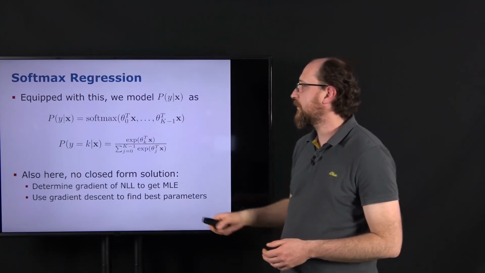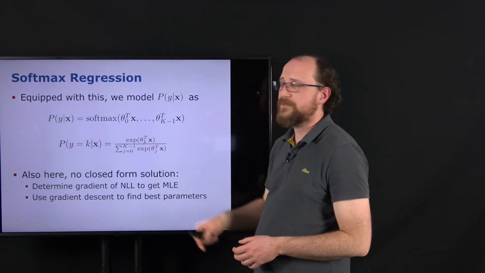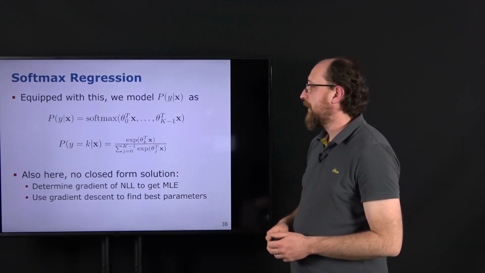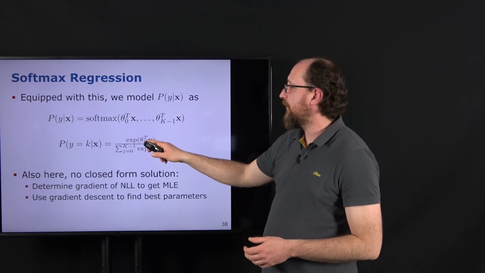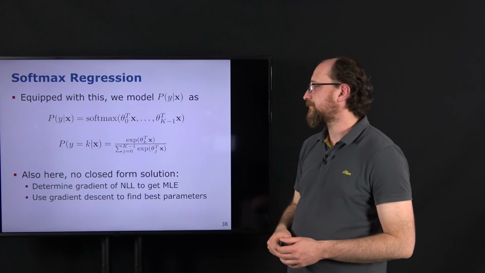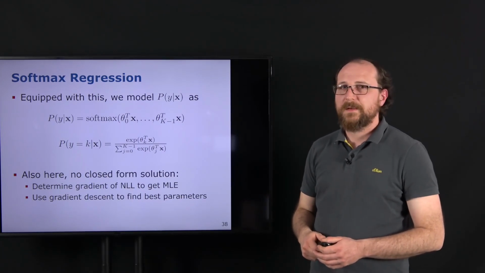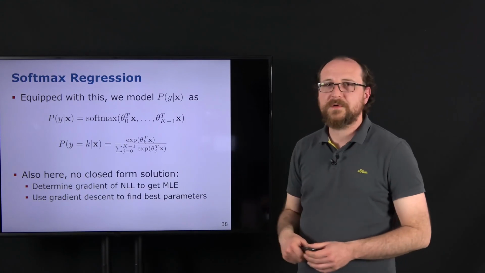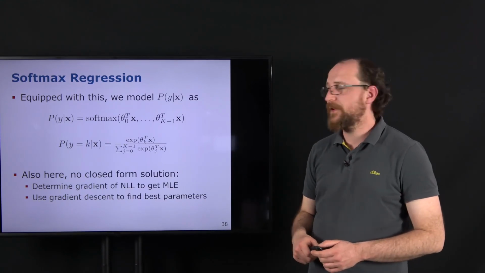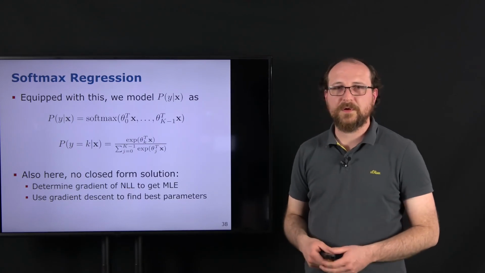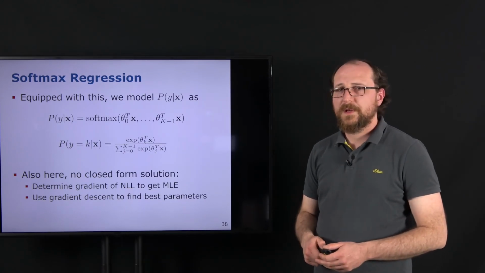For an individual class, it turns out this is just the definition of one entry of the softmax, which is the exponential of theta_t times x divided by the sum over all classes. Unfortunately, here it is also the case that when we take the negative log likelihood of this and determine the gradient, this will not turn out to be a closed form solution.